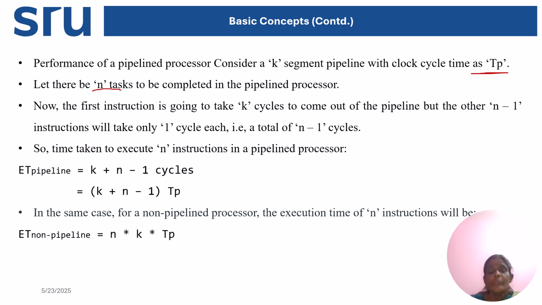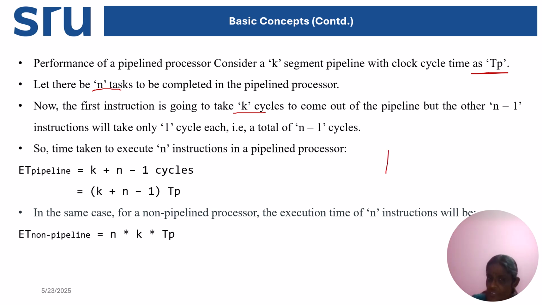Now the first instruction is going to take K cycles to come out of the pipeline. So the first one is K segments, meaning K number of clock cycles is required for that instruction from the beginning to end. But for the others it is n minus 1, because we are overlapping the instructions.